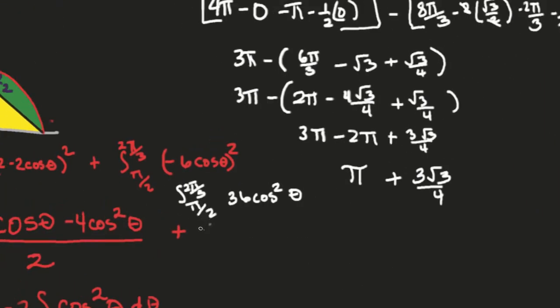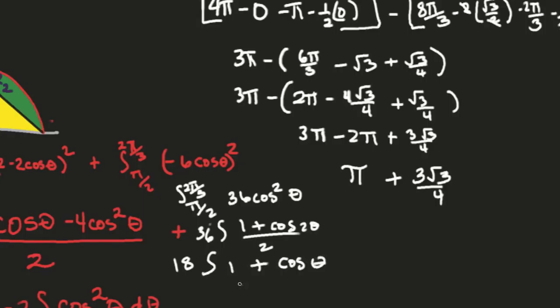So that'd be 36 integral of 1 plus cosine 2 theta over 2, which then becomes 18 integral of 1 plus cosine 2 theta. So it becomes 18 theta plus 1/2 sine 2 theta, between 2 pi over 3 and pi halves.